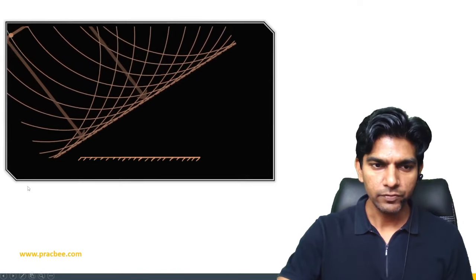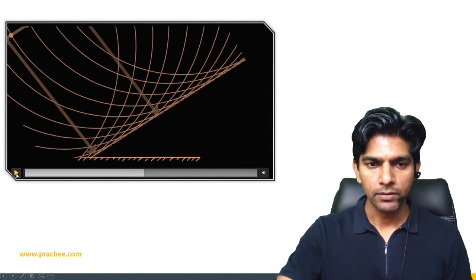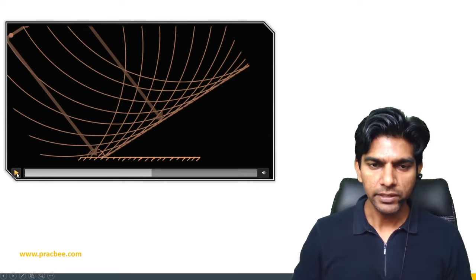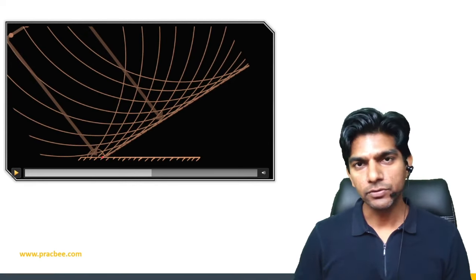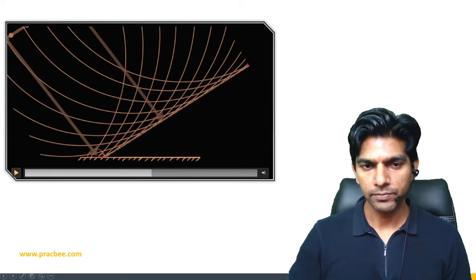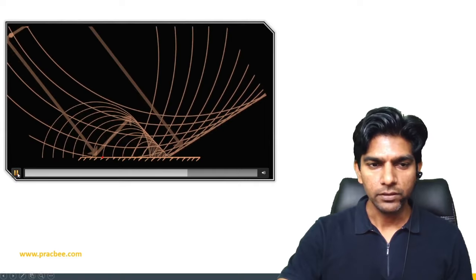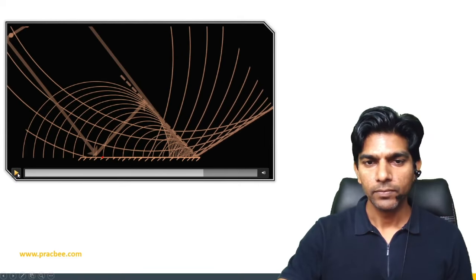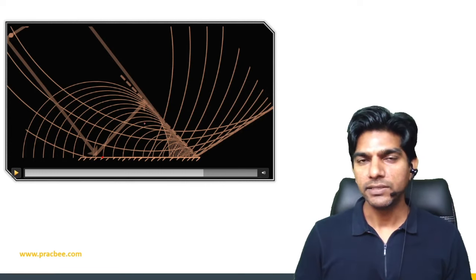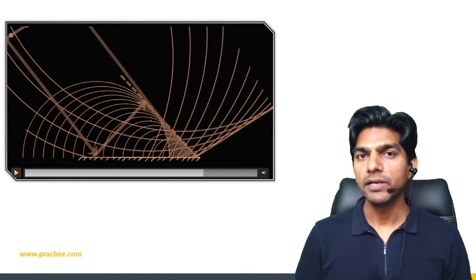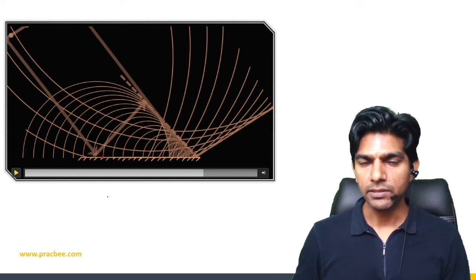Now when this incident wavefront hits this reflecting surface, these are our secondary sources which are producing secondary wavelets, right? And if we draw a tangent plane to these reflected secondary wavelets, then we will get the reflected wavefront, right? So now let us see the construction for this.